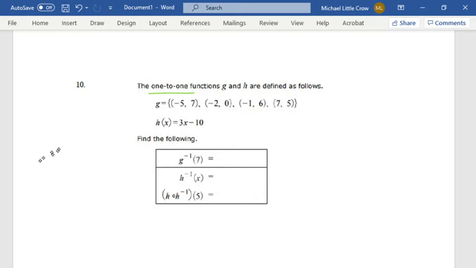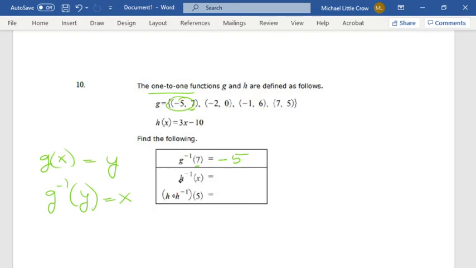Now remember, g of x means that x is the input, y is the output. When we have the inverse, y is the input, x is the output. So this 7 is a y value. So we're looking for which one has a y value of 7. What's the x value? -5.